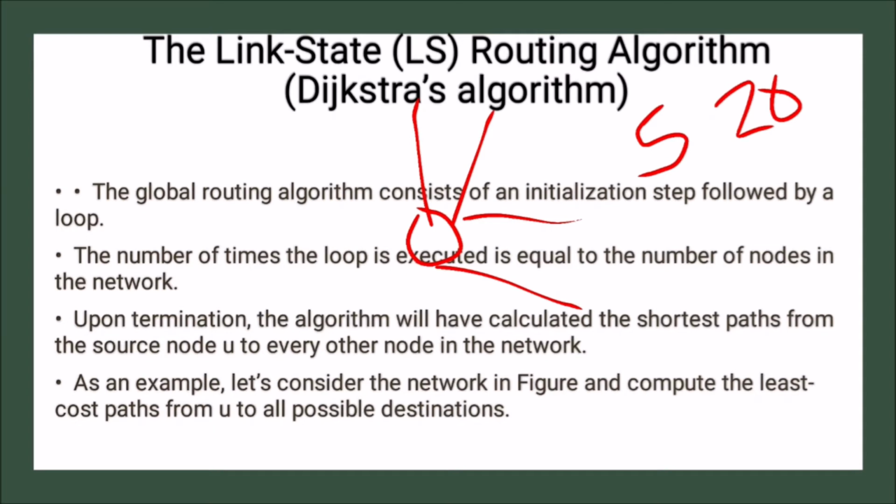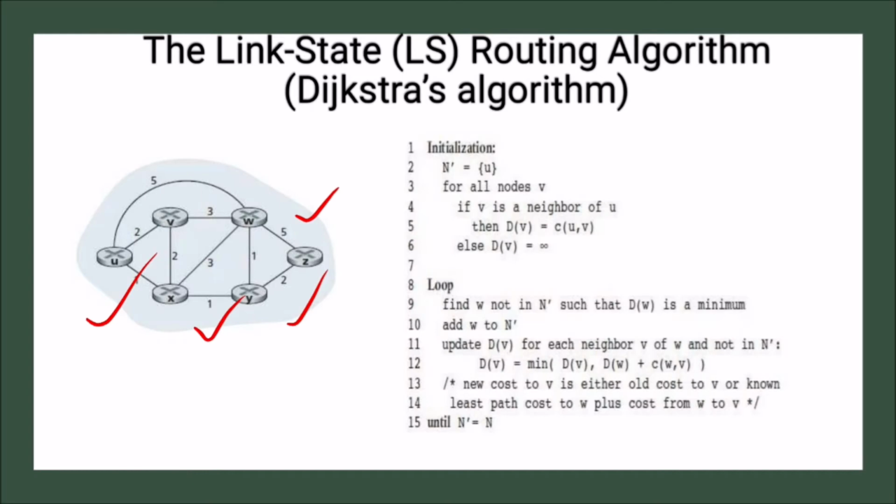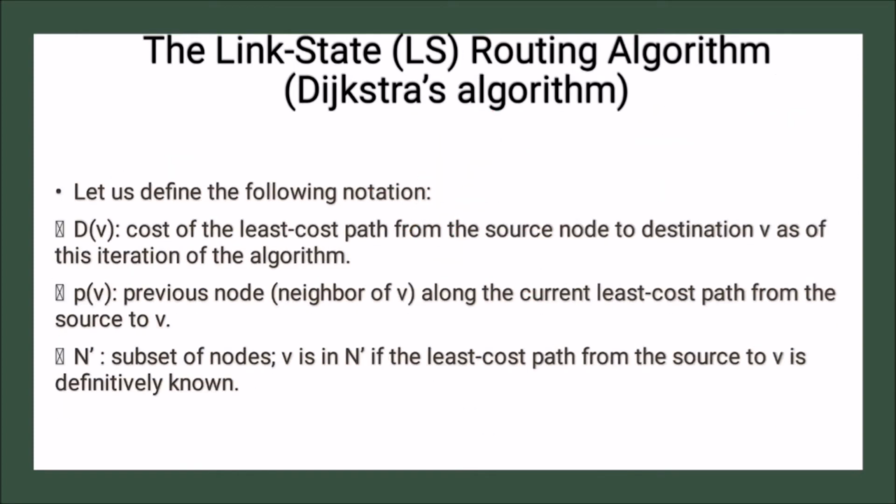As an example, let us consider the network in the figure and compute the least cost path from U to all possible destinations. Here is Dijkstra's algorithm. The first step is to initialize N'. Recall that N' is the subset of nodes; V is in N' if the least cost path from the source to V is definitively known.